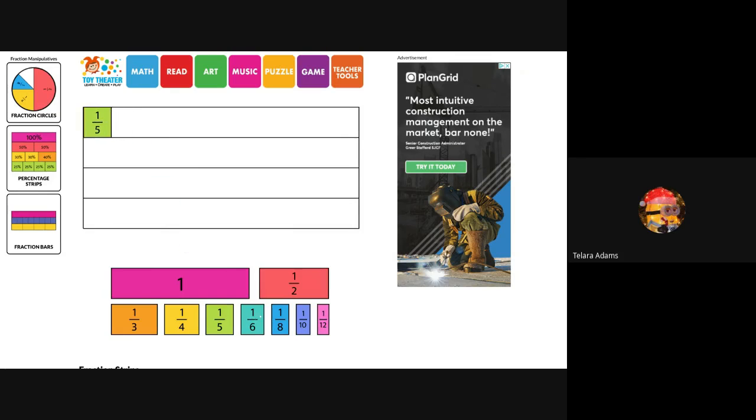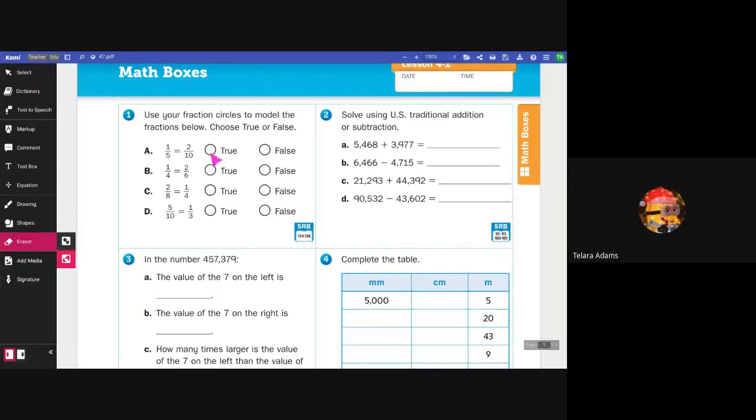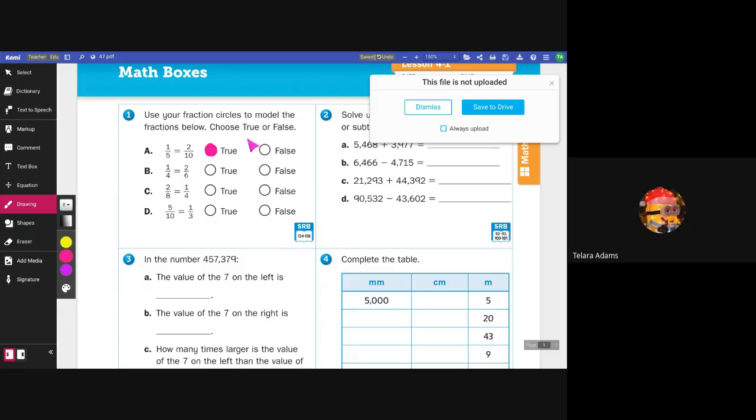There's 1/5 and 1/10, 2/10. That is equal. They are lining up at the exact same spot. So I am going to mark true. Use your drawing tool. Make sure that it's thick enough so I know for sure that you chose true, and please complete it as neatly as possible so you do not get confused.